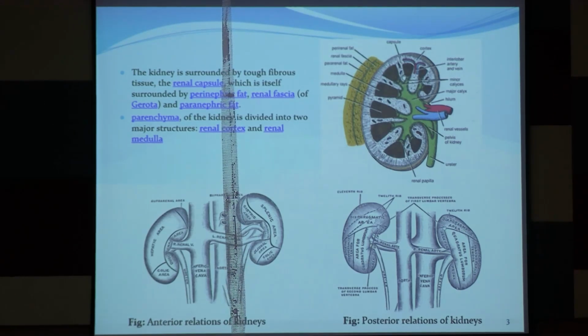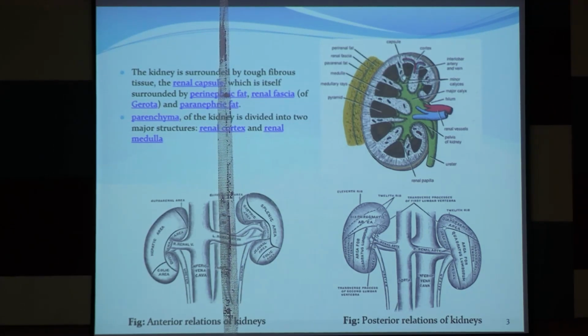Now this medulla and the cortex both can have the growth of a tumor. The most common growth seen in kidney tumors is from the cortex. So when it is coming from the cortical tumors, it is actually the adenocarcinoma, and when it is coming from the medulla or from the pelvicalyceal system, it is the transitional cell carcinoma. Both are different. Okay, so today we'll discuss not the transitional cell but the adenocarcinoma.